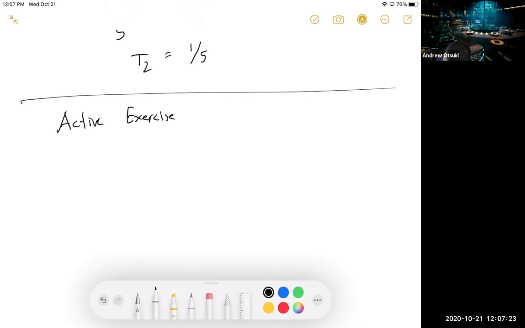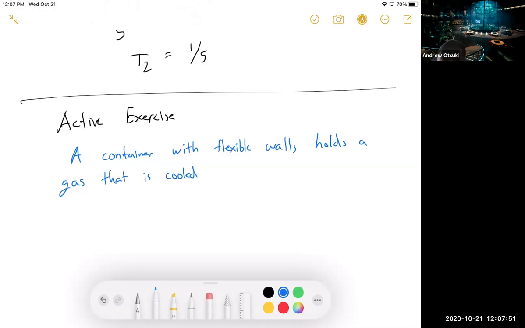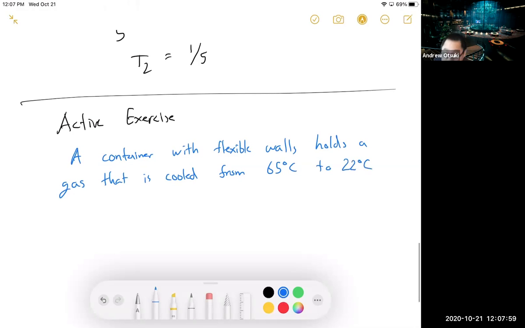Here we have a container with flexible walls that holds a gas that is cooled from 65 degrees C to 22 degrees C with no change in pressure.